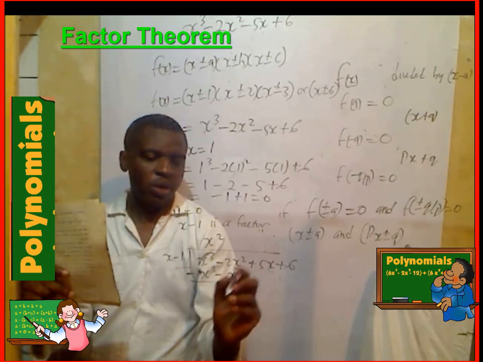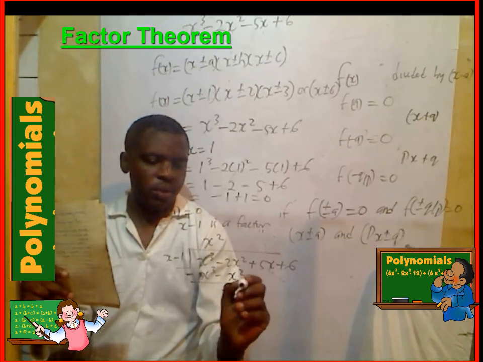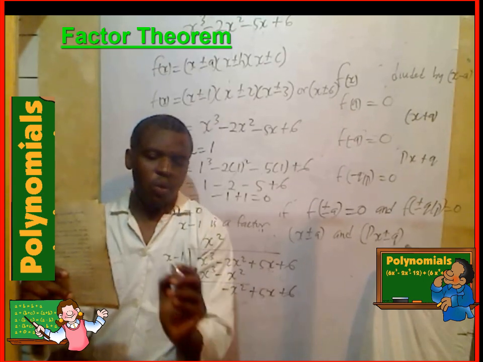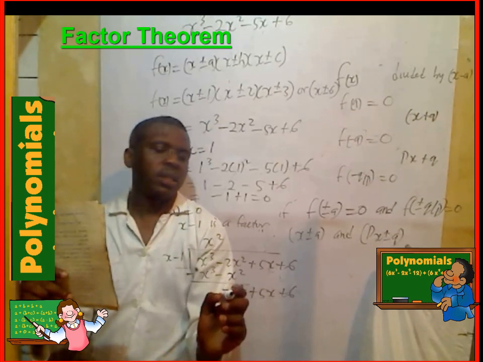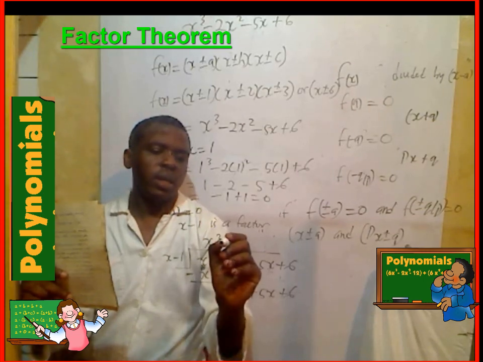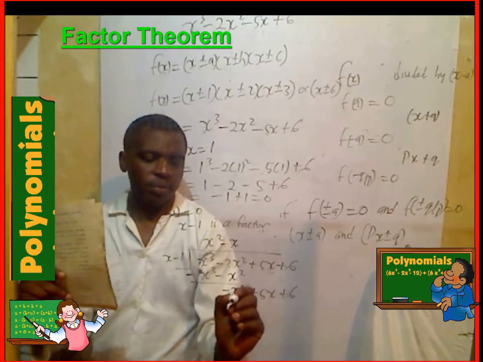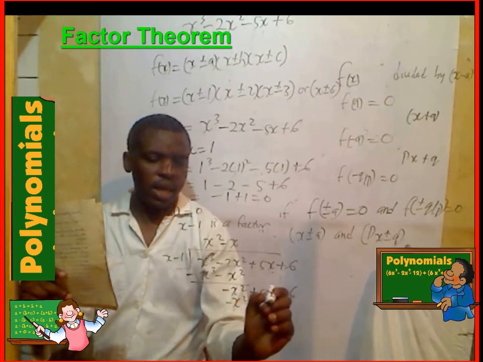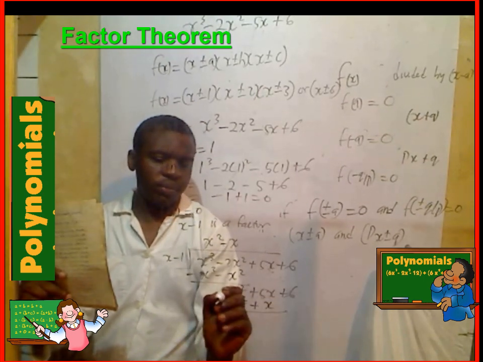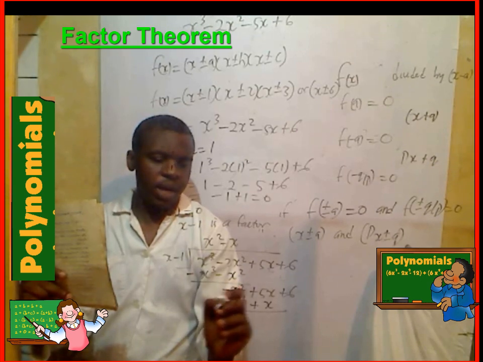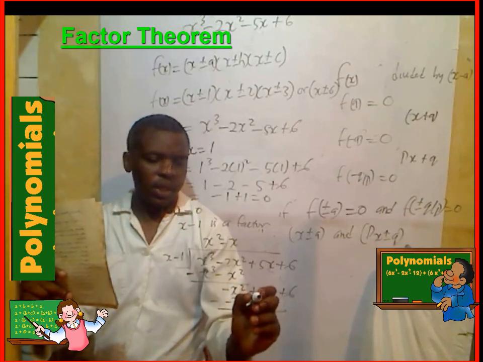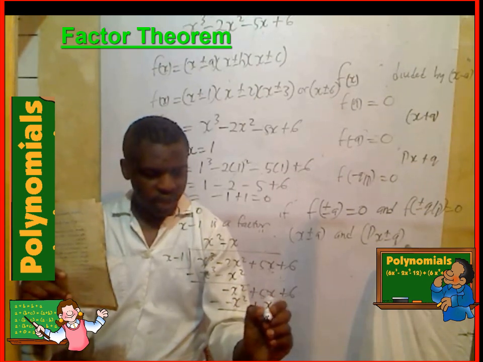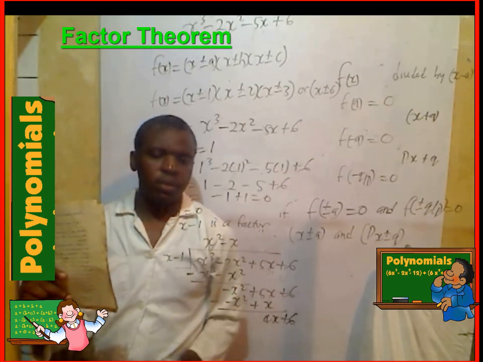Minus becomes plus, so this gives us minus x squared, and bring down the other terms, 5x plus 6. What do I multiply x to get minus x squared? That will be minus x, multiply to get minus x squared plus x, then subtract. Minus x squared minus x squared goes off. 5x minus x gives us 4x plus 6.